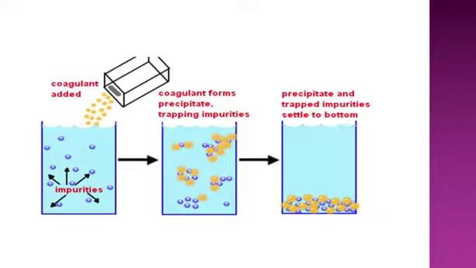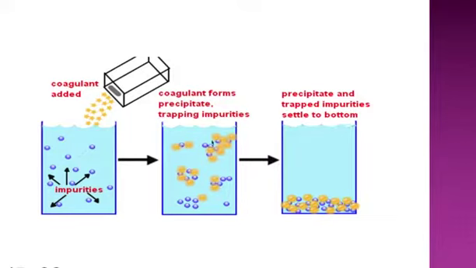So this is the schematic diagram of what happens during the coagulation process. This is your water with many impurities, suspended particles. Those suspended particles are in colloidal suspension in the water, and we add coagulant into the water, and then by stirring, a rapid mixing process, those impurities stick to the surface of the coagulant.